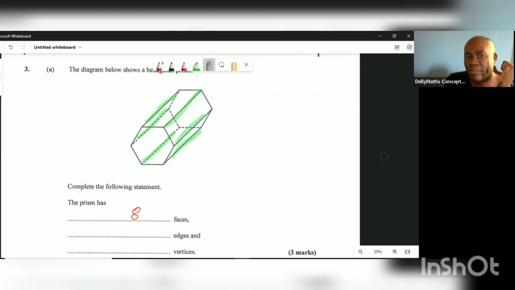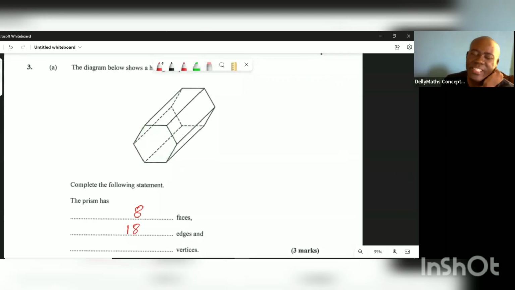And then outside of those 6 now, we have 6, 7, 8, 9, 10, 11, 12. Then we have 13, 14, 15, 16, 17, 18 edges. So overall, we find 18 edges, right? All right, very good. So we have 18 edges right there.